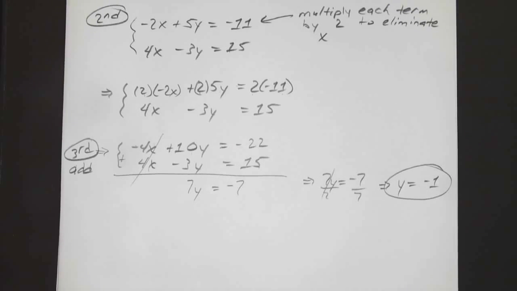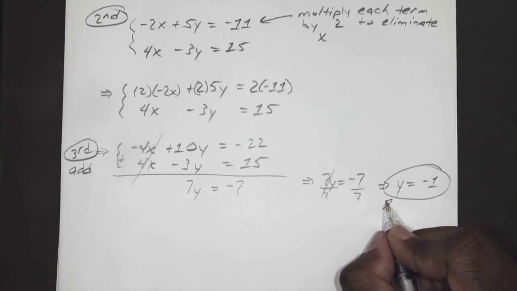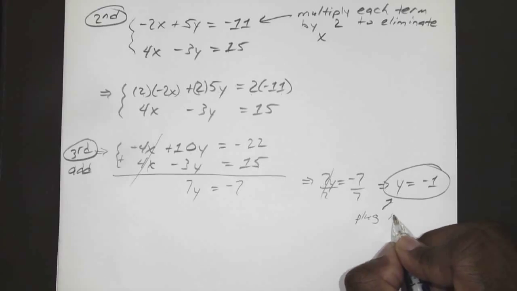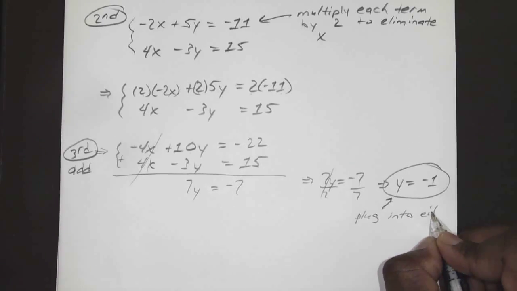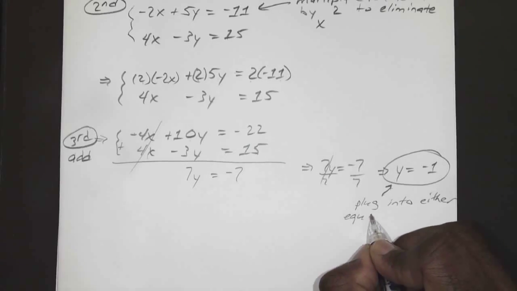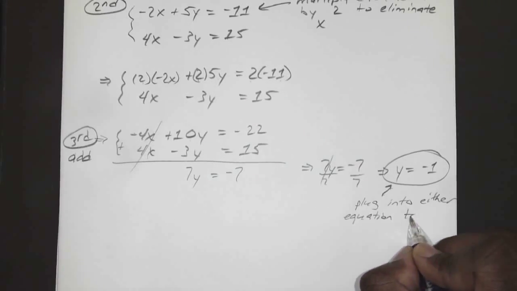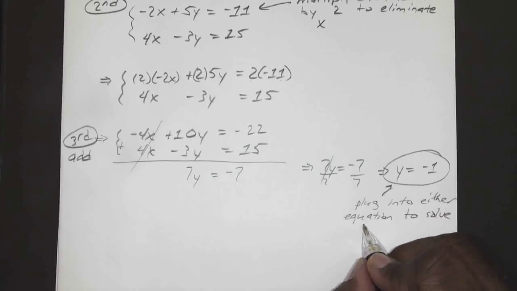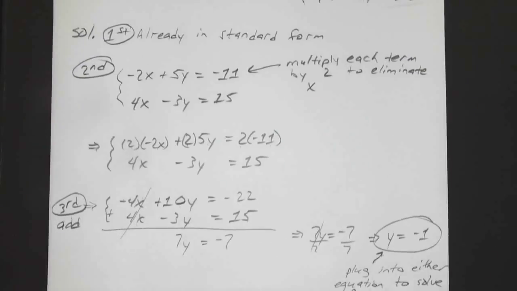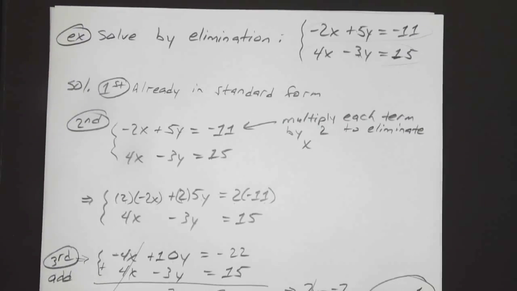Okay. Now whatever answer you get, you plug that into either equation to solve for x. So it doesn't really matter which one we plug it into. We'll get the same answer either way.